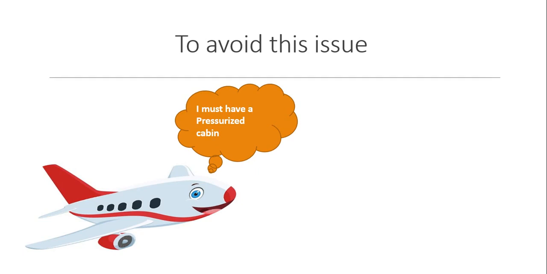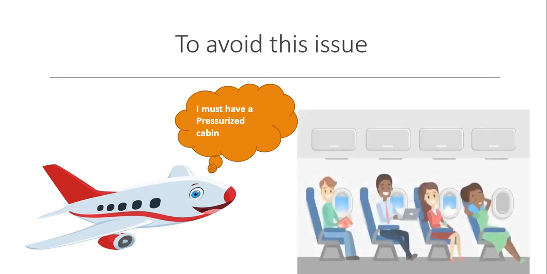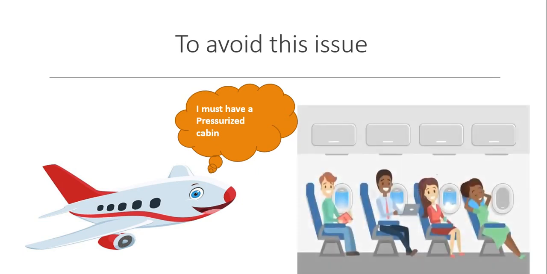So in order to minimize these things, we need the aircraft to be pressurized. So the cabins are pressurized. If the cabin is pressurized, automatically the passengers will feel comfortable.